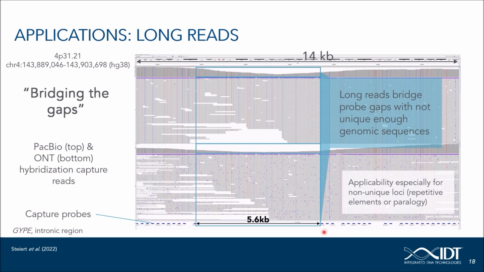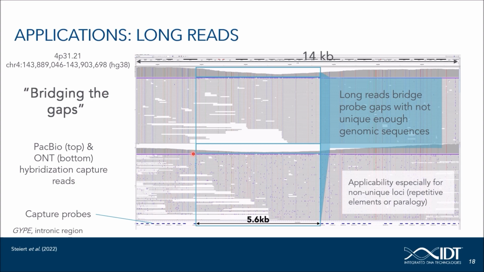For a specific area of the GYPE locus, for this 5.6 kilobase gap that you can see, we could not design any capture probes against the target sequence, since paralogies to other areas of the genome existed. The advantage of long fragment capture is that just a few baits at the very flanks of the targeted fragments are enough to pull them down in the enrichment procedure.